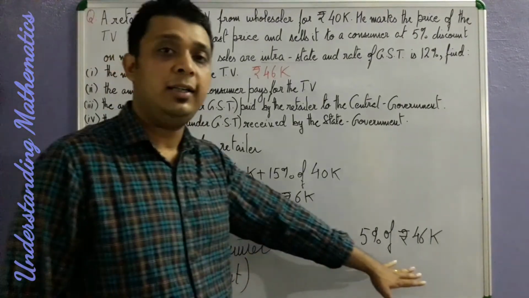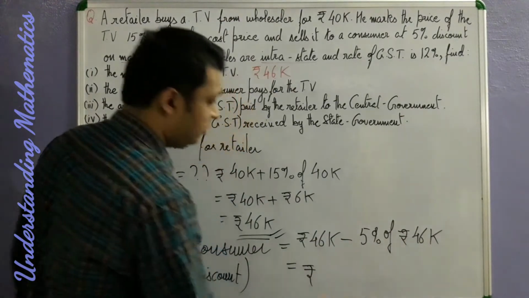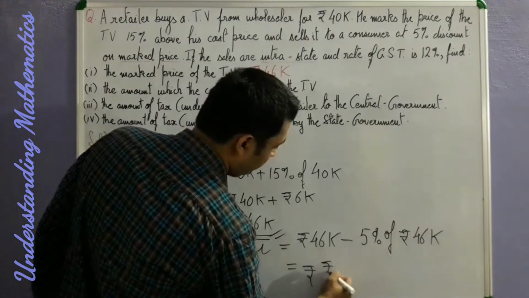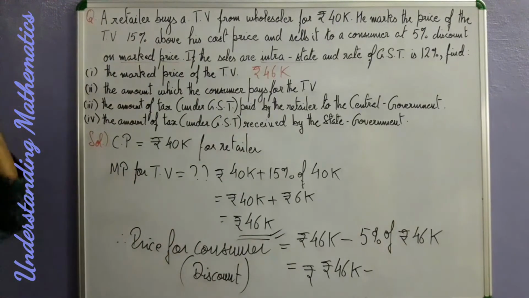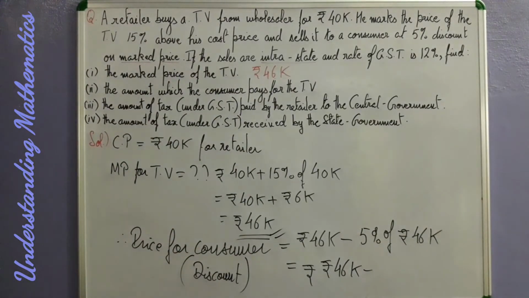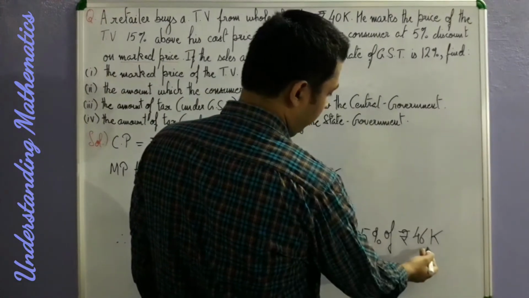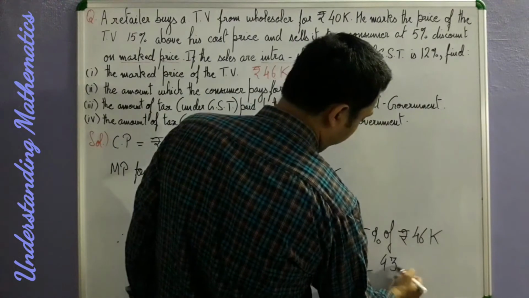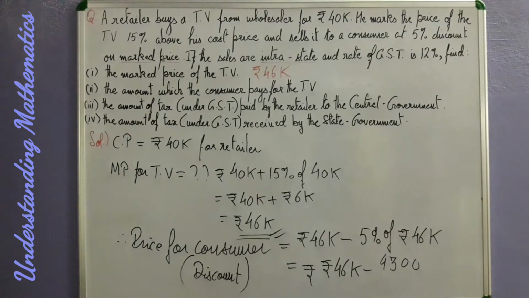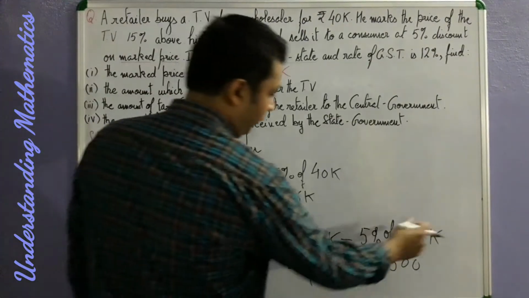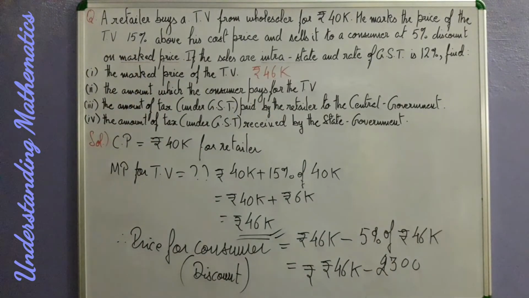So this is how we find the discount price, the price which the consumer has to pay. If you calculate 5% of 46,000, I think 4 5s are 20, so this is 2,300.